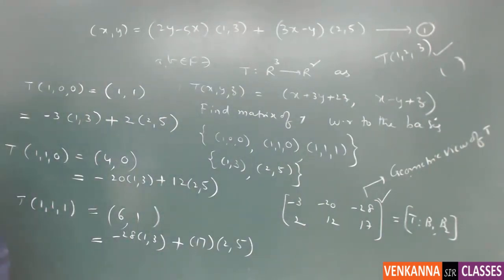Are you getting the idea? So apart from applying the function, you simply multiply with the matrix. That was the actual thing here. So we call it the matrix of the transformation with respect to the given basis.